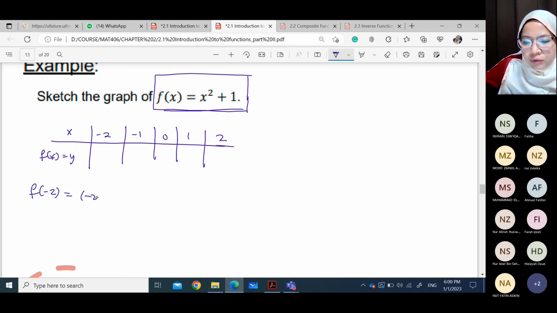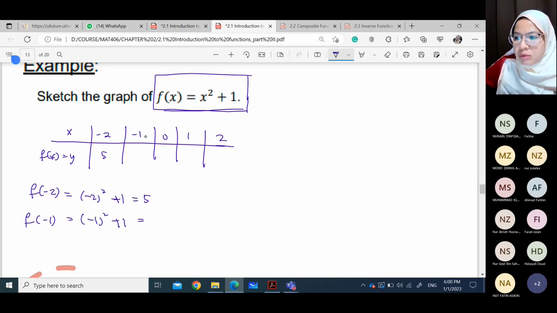Dan kita dapat negative 2 squared plus 1, it is 5. So kita punya range adalah 5 untuk domain negative 2. And then for domain negative 1, negative 1 squared plus 1, we have 2.